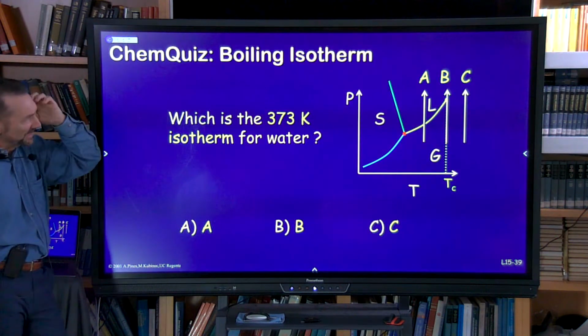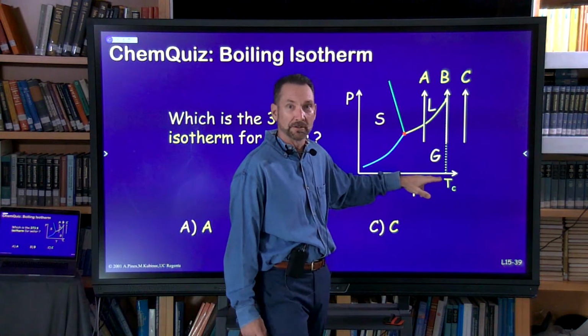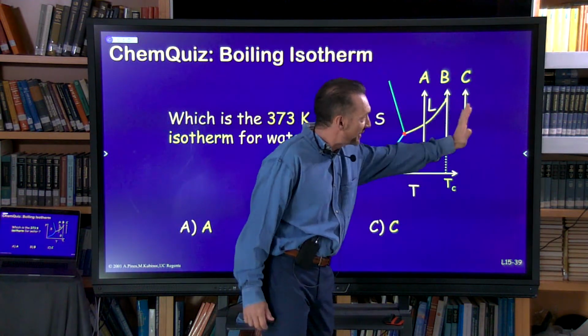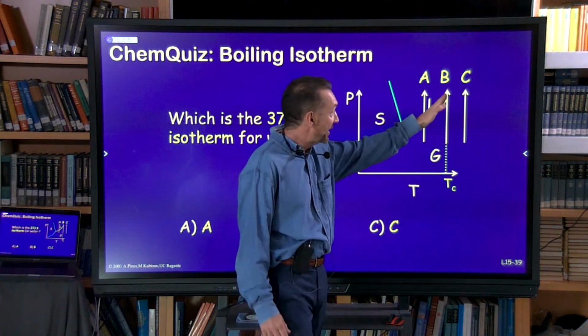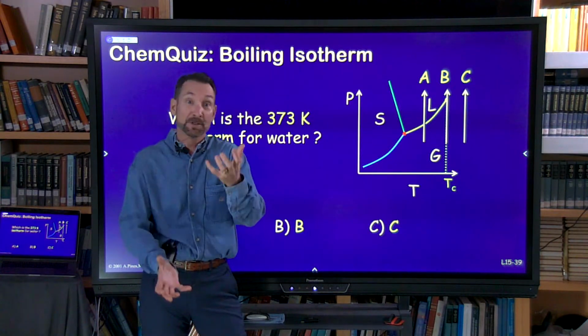I do not agree with the B's. So this is labeled as the critical temperature. And beyond that, there are not two phases anymore. That is where two phases become indistinguishable.